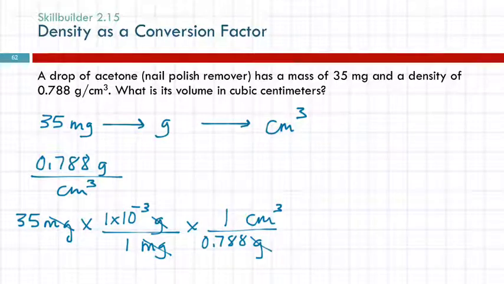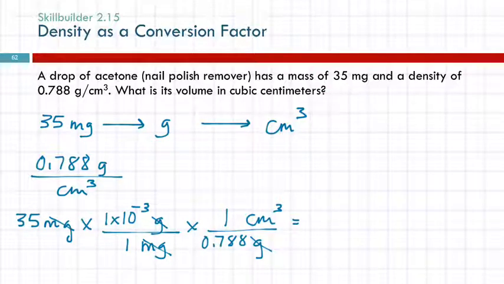So I've got 35 times 1 EE negative 3 divided by 0.788. And this one is going to have how many sig figs? 2. 35 milligrams. It's a whole number, but it's not exact.